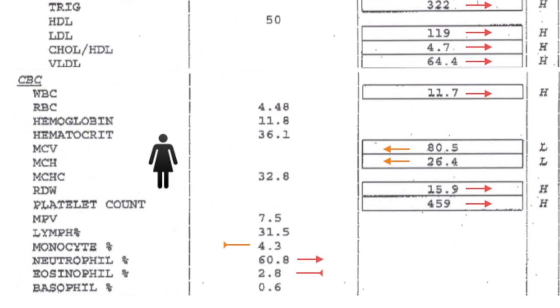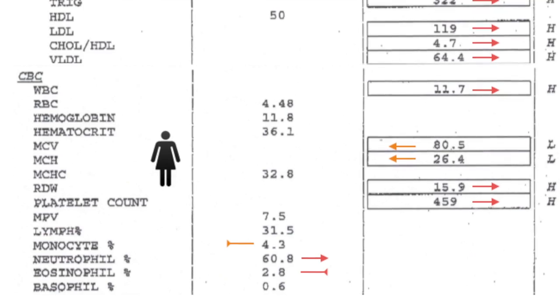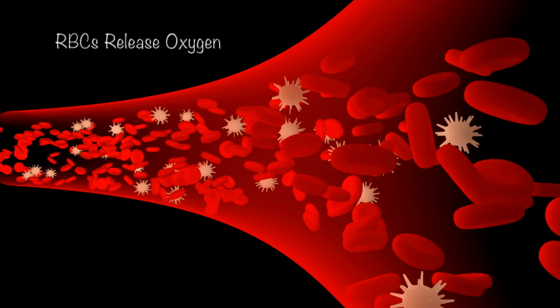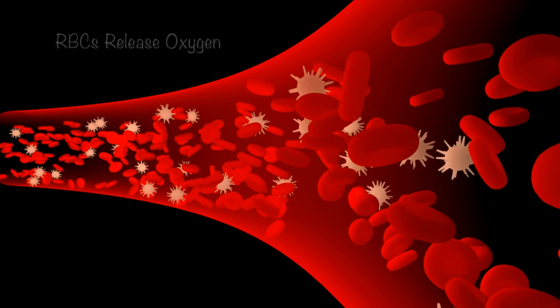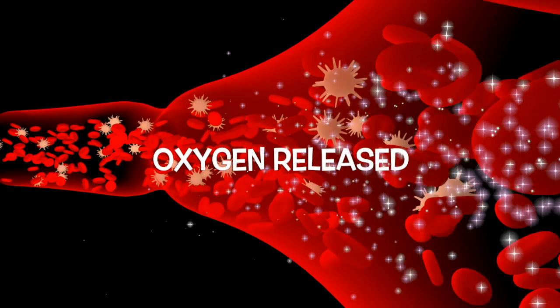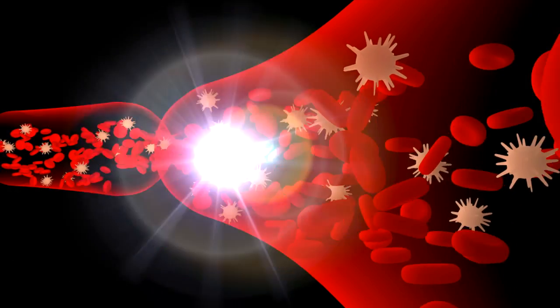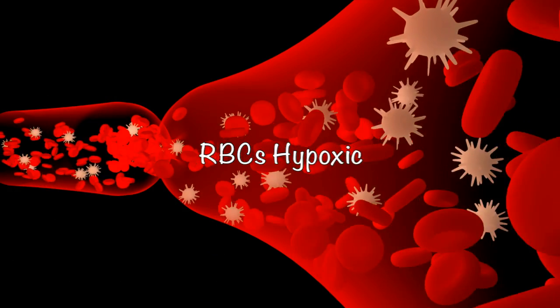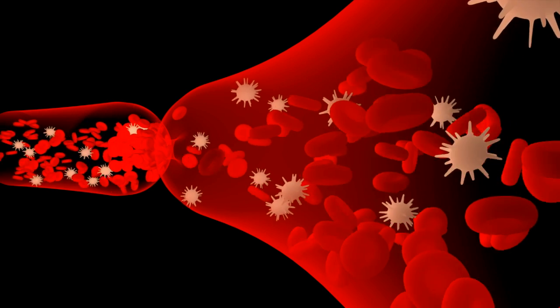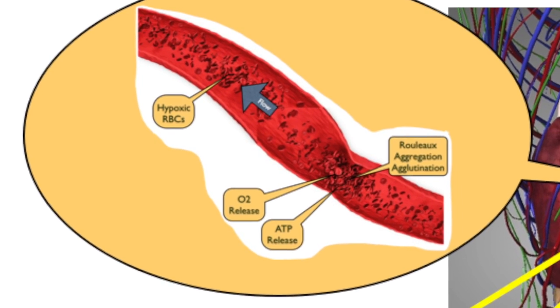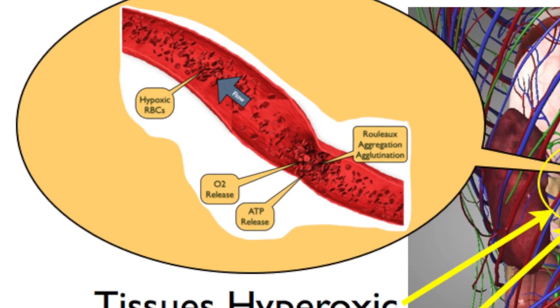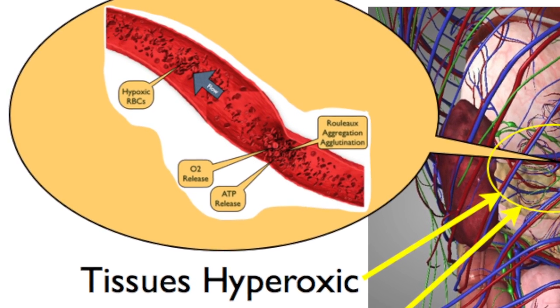Red blood cells shed oxygen and ATP when experiencing turbulence or agglutination. During red blood cell aggregate formation, oxygen is released, making the red blood cells hypoxic and the area around the agglutination hyperoxic, leading to the formation of reactive oxygen species.